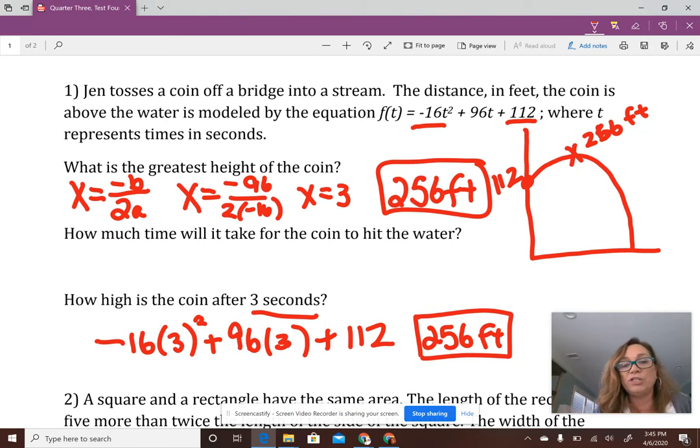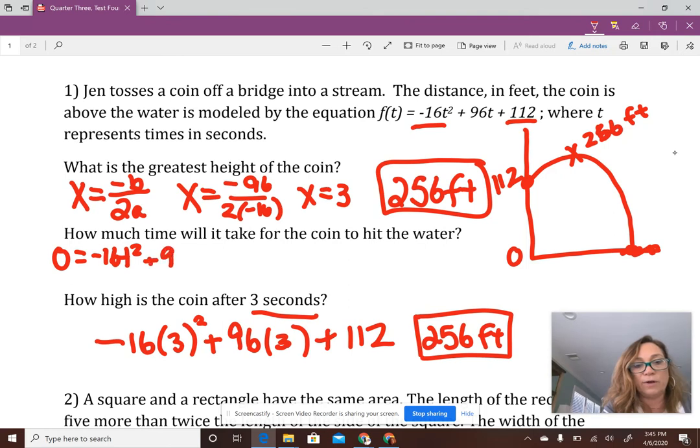Okay, how much time would it take for the coin to hit the water? So the water would be here, lovely water, and the water has a height of 0. So basically, when does this quadratic equal 0? So I'm going to divide everything by negative 16 just to make the problem easier to factor.